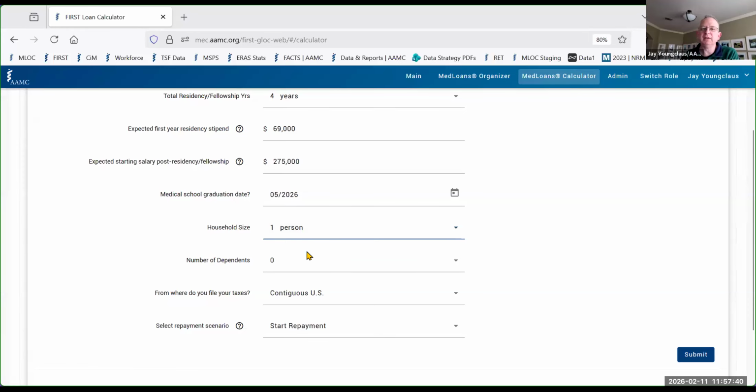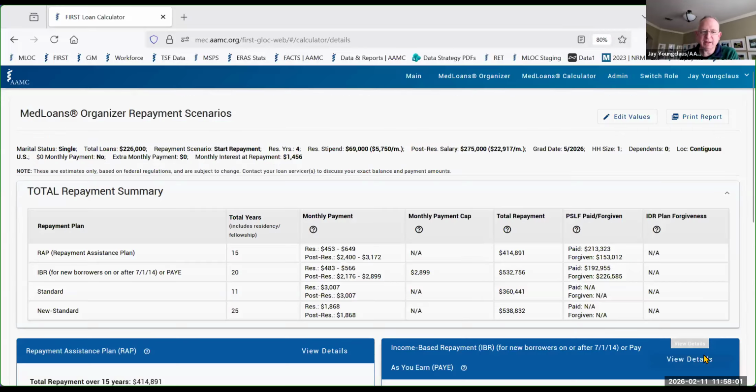So you have to make sure you're updating both. And the reason that we have these in here is the RAP plan, it factors in your dependents, but the IBR plan, it factors in your household size because it's using something called the federal poverty guidelines. So each plan tracks on a different variable. So we have to put both of them in here. You should make sure they align. So let me submit that.